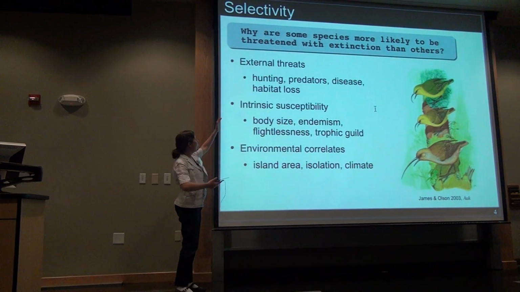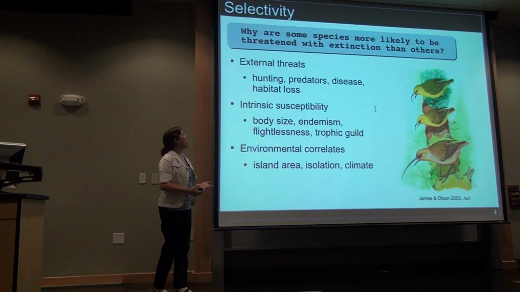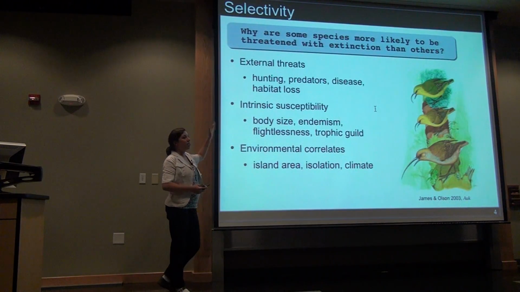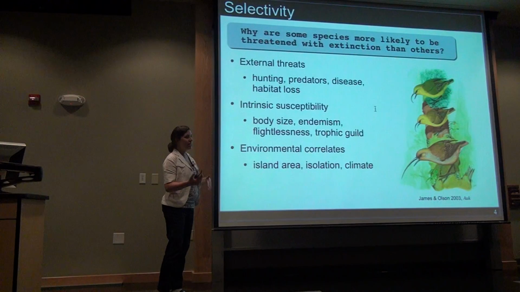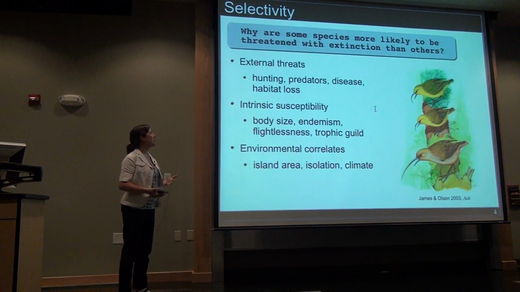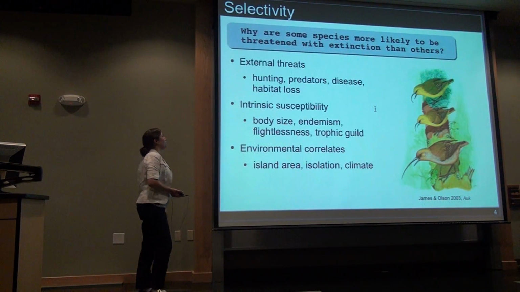So papers have been dealing with basically looking at 3 different categories of factors that can cause selectivity and extinction. First, external threats. It's really obvious to consider that direct hunting by people or killing by introduced predators, diseases, or habitat loss can cause a species to go extinct.